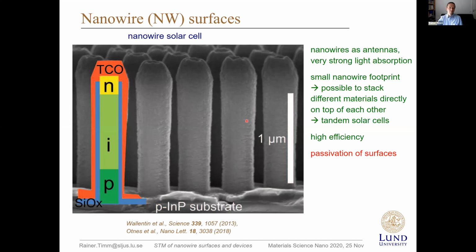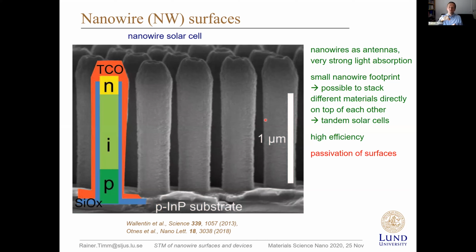So there are some examples already some years ago, in this SEM image here, where we have a PIN structure: the p-doped area, the intrinsic area, the n-doped area, all realized in an indium phosphide nanowire with the contacts on top and in the bottom, working as a solar cell. And these nanowires have a very small footprint, which makes it possible to stack different materials directly on top of each other.